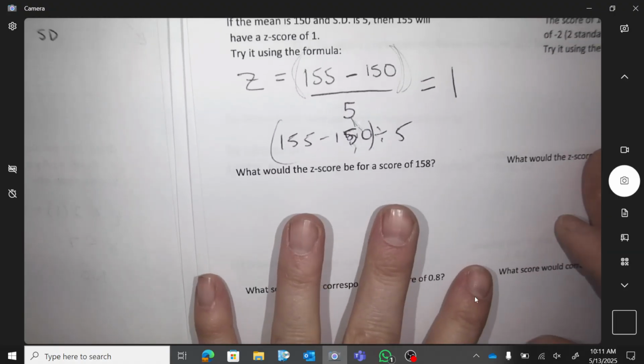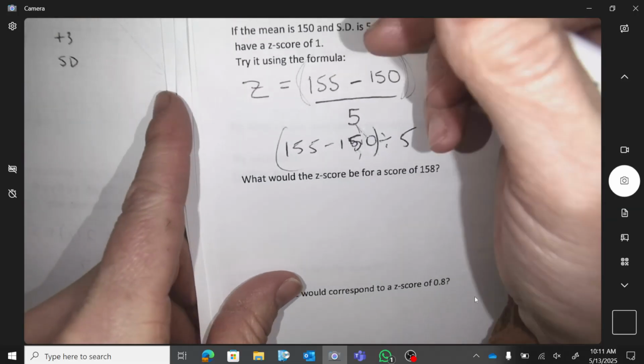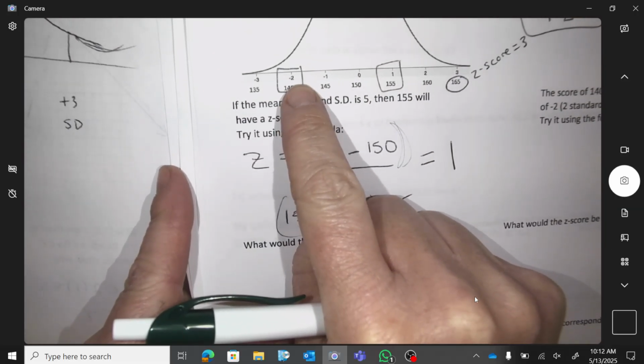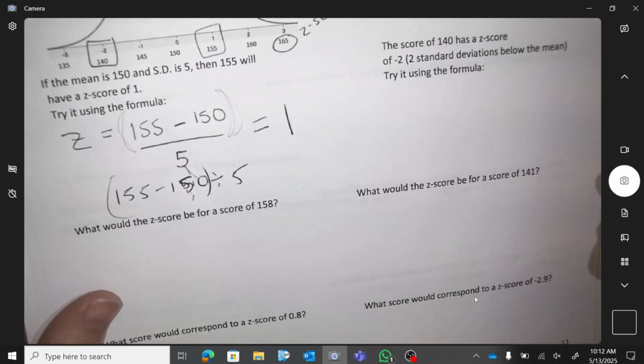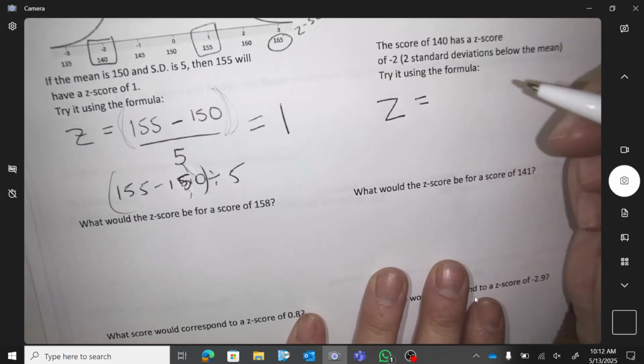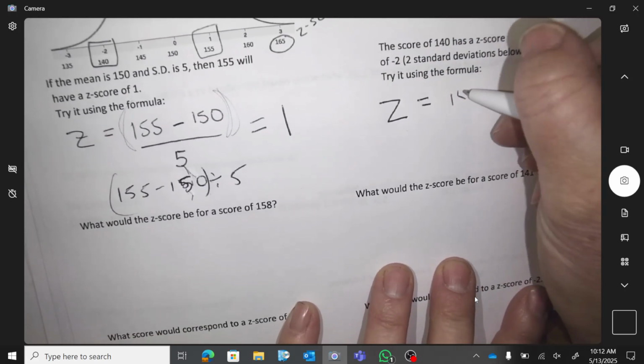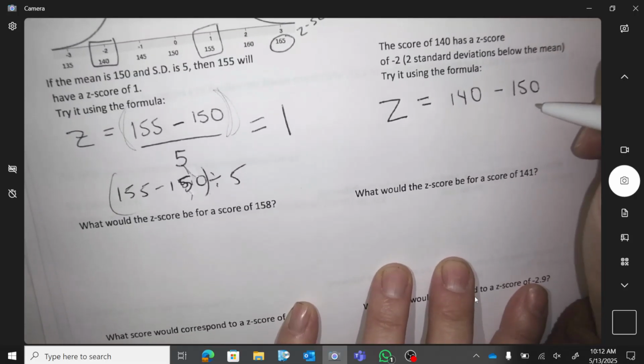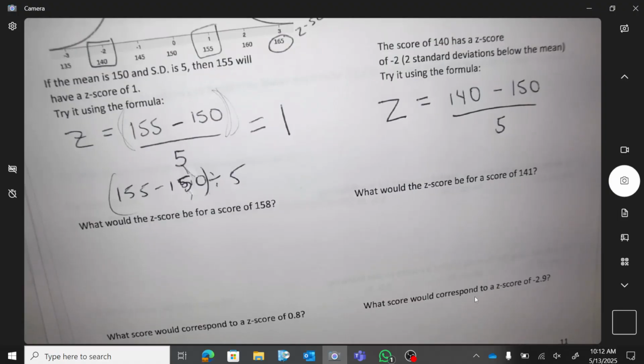Okay, so let's try 140 using the formula. On this chart, it told me 140 should be exactly -2. So let's try it out. Z equals, what's the score of 140, subtract the mean, over the standard deviation.